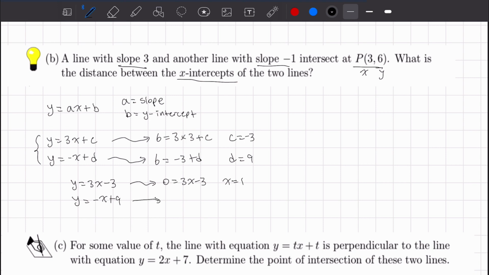And for the second equation, 0 equals -x plus 9, so x equals 9. And they're asking us for the distance. So the distance between (1, 0) and (9, 0) would be 8. This is pretty straightforward. So the final answer would be 8.